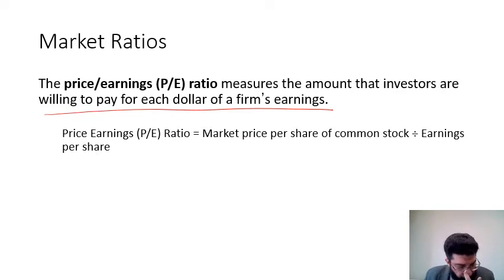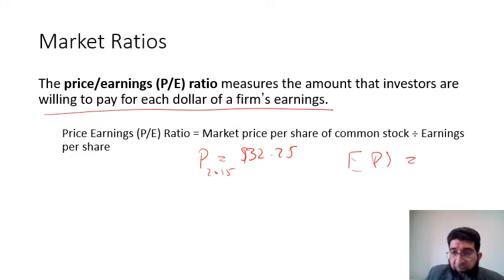For example, if the XYZ company common stock was selling at the end of 2015 at around $32.25 in the market, and we have EPS, earning per share, which we calculated earlier, if you remember, it was $2.9, and if we use this in this ratio, we'll have 32, the market price, divided by the earning per share that the firm itself calculated.